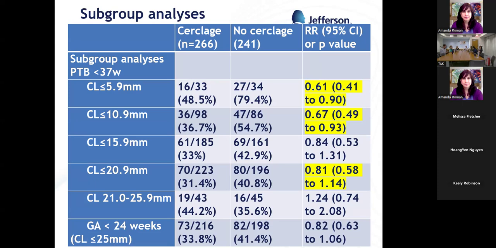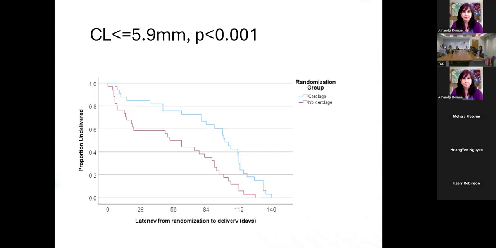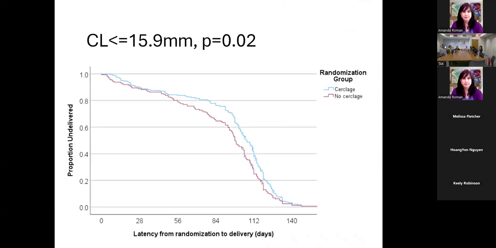The question is these relative risks show some benefit, at least a trend toward benefit, up to 20.9. You move it especially to 15.9, because 15.9 on the survival curve is significant.